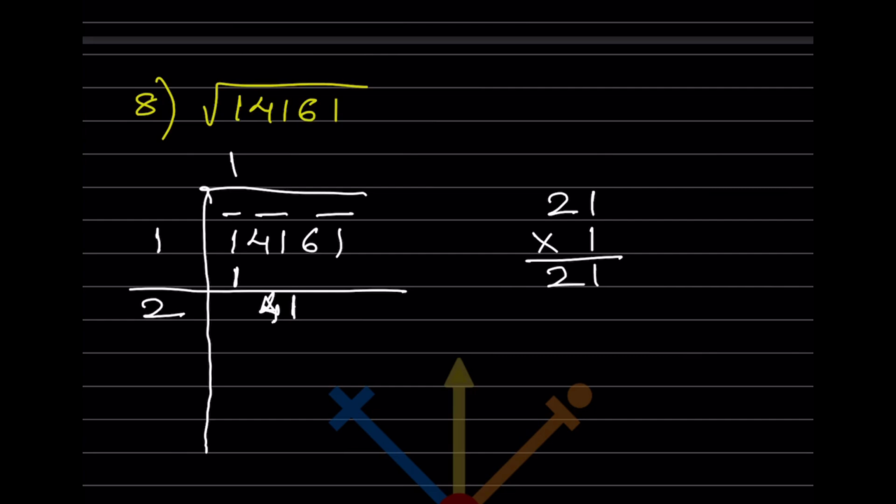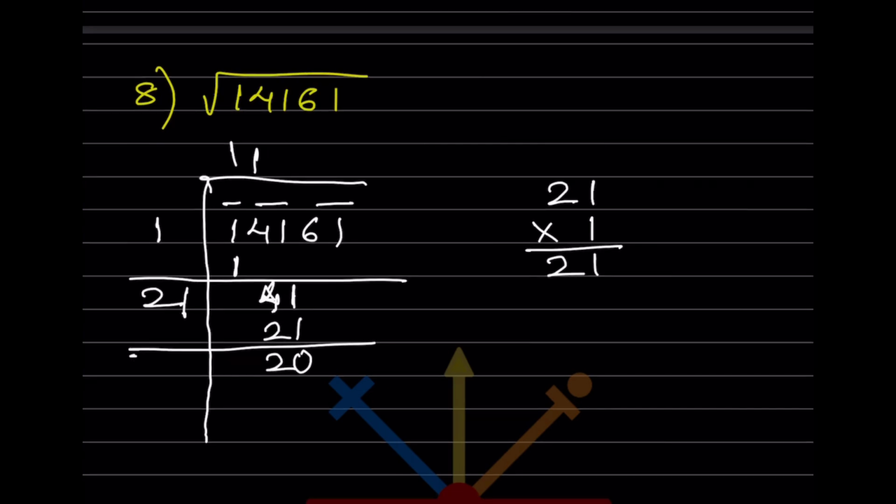So you can write here 21 ones are 21. So now what will you do? You are going to subtract it. So that is 20. And now since you have taken 21, again you are going to add, because this is 21 plus 1. So that is going to be 22. So you are going to write here 22.